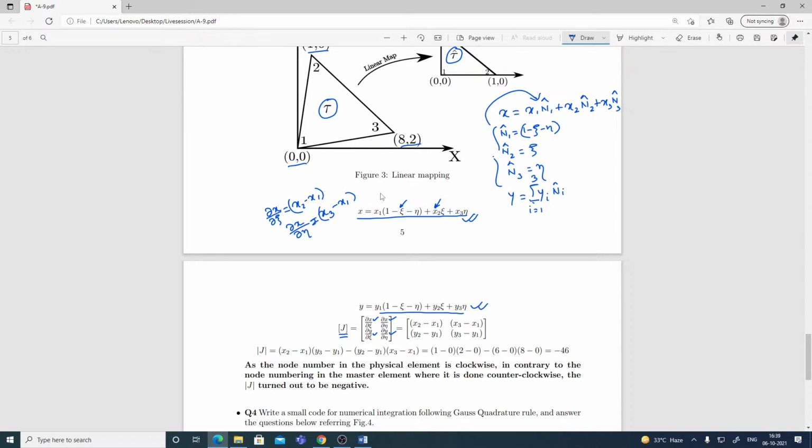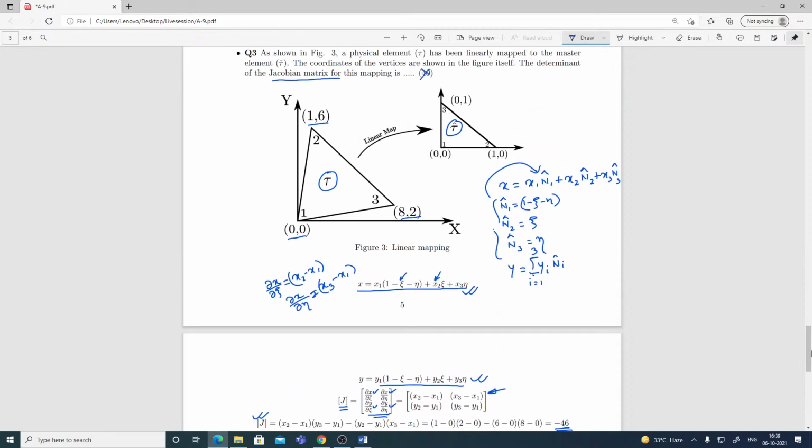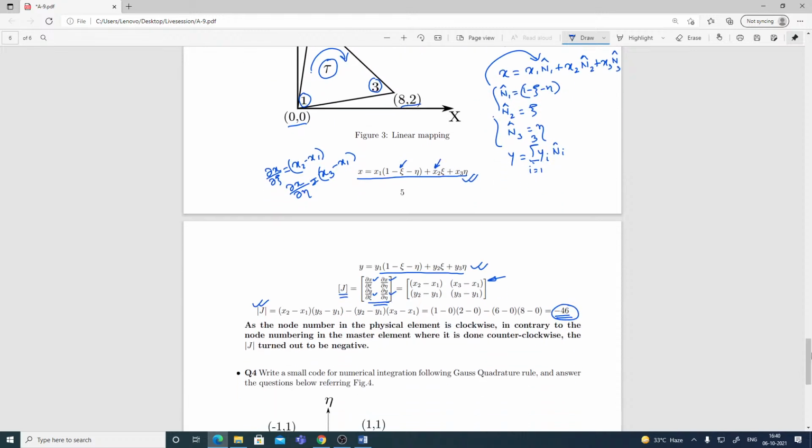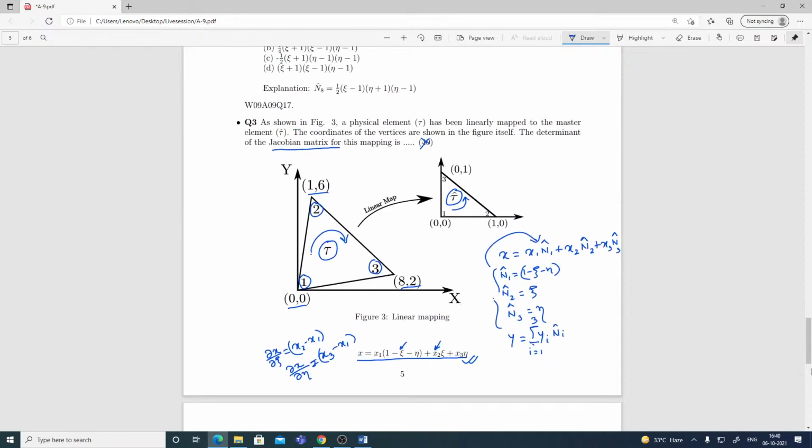Those are inserted in this matrix, and you need to calculate the determinant of the matrix, and you will see that it turns out to be negative. The reason is that in the physical element we have numbered the nodes in clockwise direction, whereas in the master element these are numbered in anti-clockwise direction. So that's why this turns out to be negative. So basically we have to be very cautious while numbering the nodes.